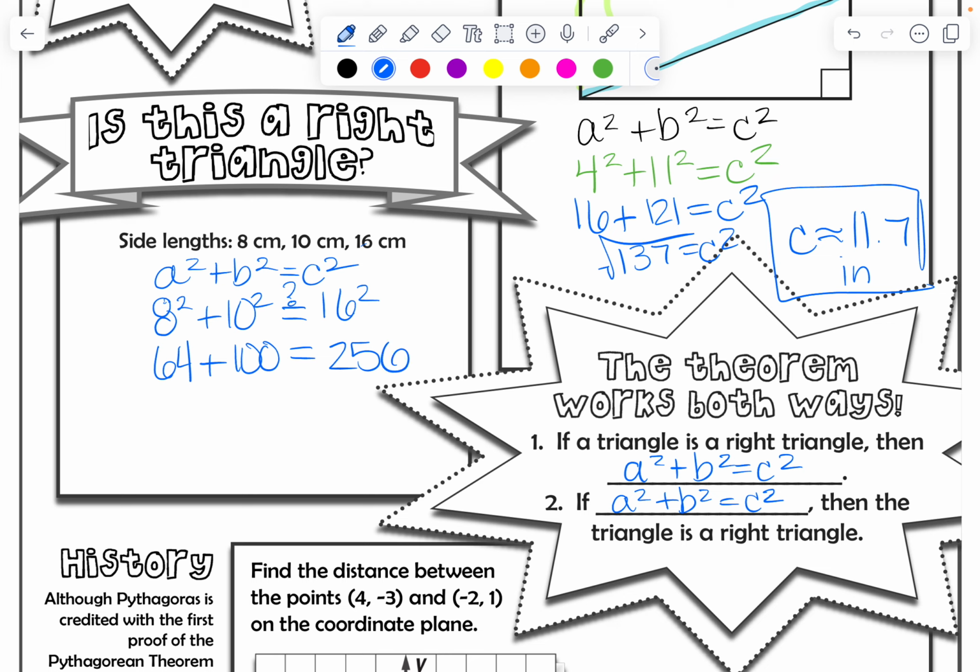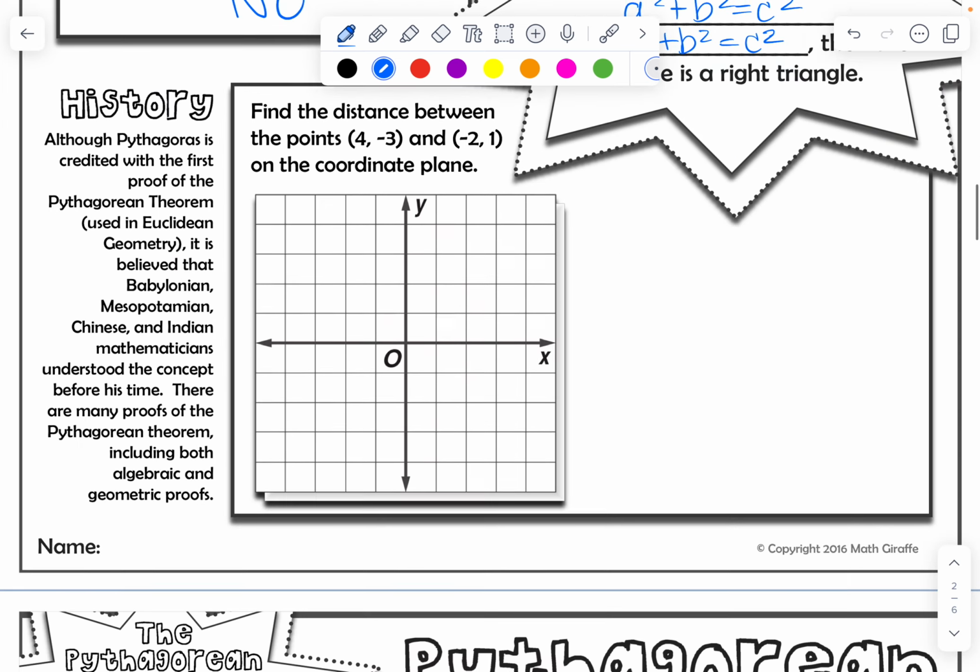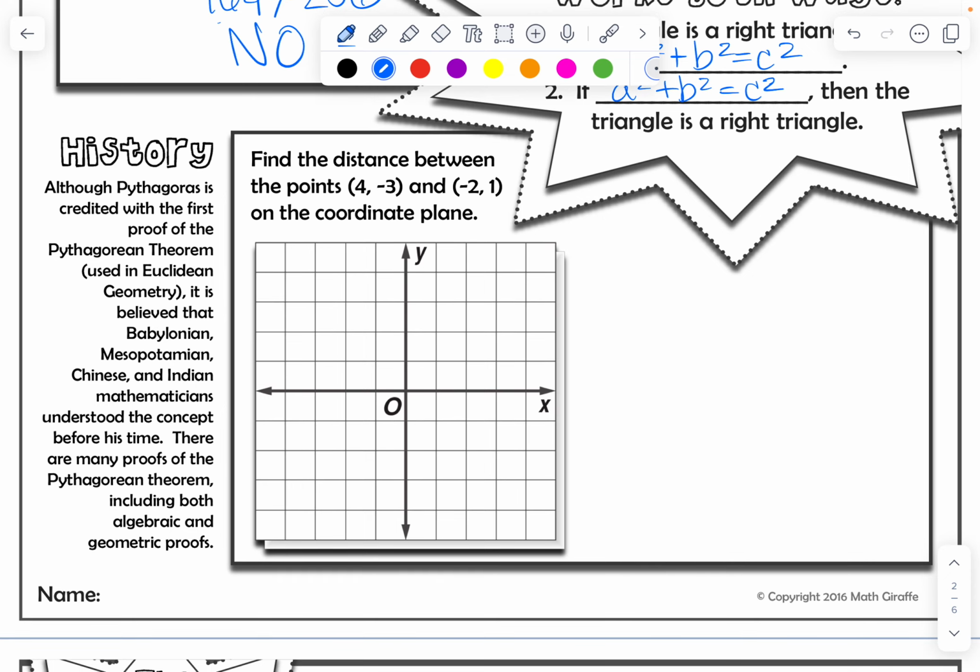And then we can now also apply the Pythagorean theorem to find the distance between different points. So here it says find the distance between the points (4, -3) and (-2, 1). And I want the distance between those points.